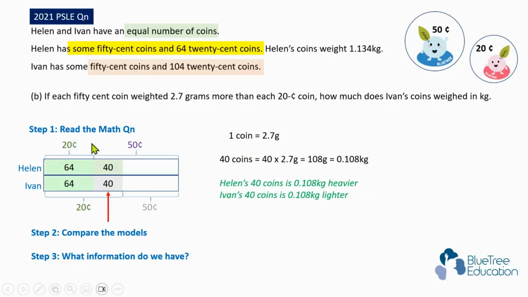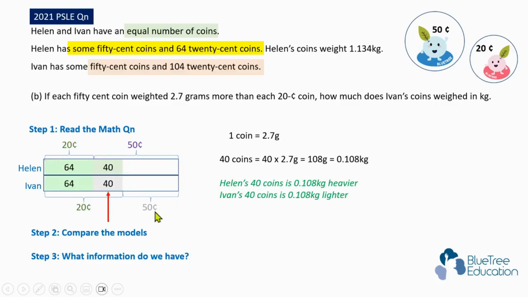Take note, the one on the left, 64 coins, and the unknown on the right, we don't need to use for comparison because it's the same quantity, same mass. So no need to compare them. We only compare the middle part of this model.